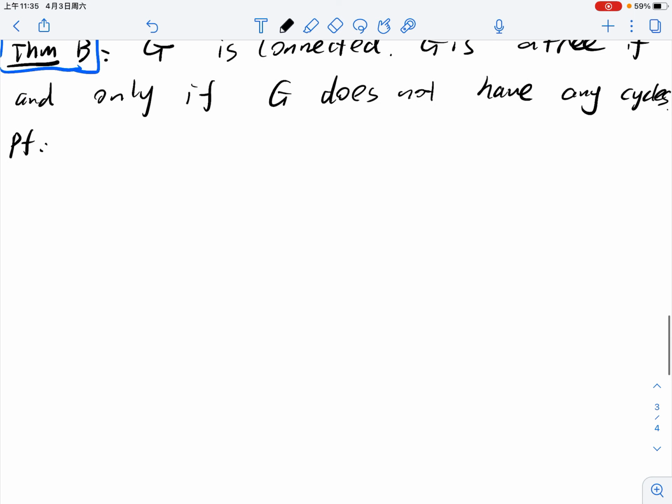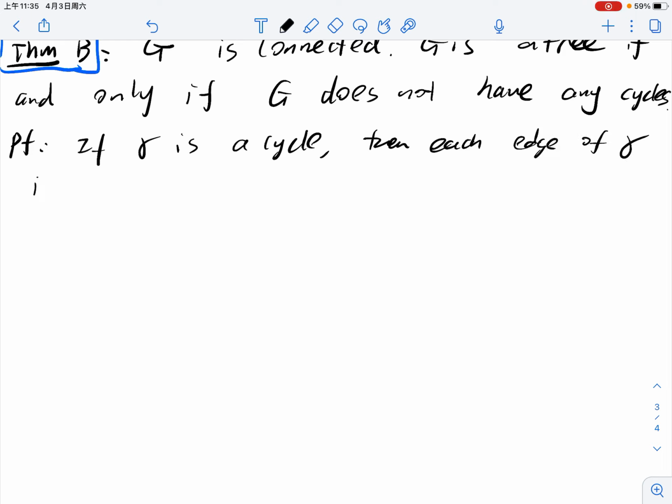Proof. Of course, here you also have two directions. We first prove that if G contains a cycle, then G cannot be a tree. If gamma is a cycle, then each edge of gamma is not a bridge.